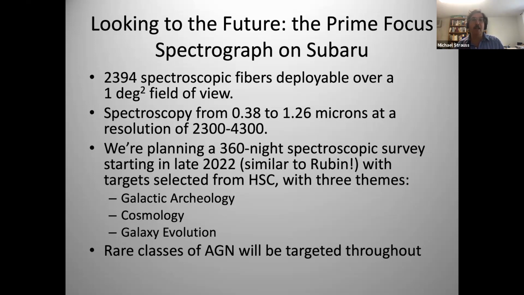And we're planning a 360-night spectroscopic survey, starting about the same time that Rubin Observatory should start its survey, with targets selected from the HSC data, and a selection of AGN will be one of a number of science goals. So why don't I finish there and ask if there are questions.